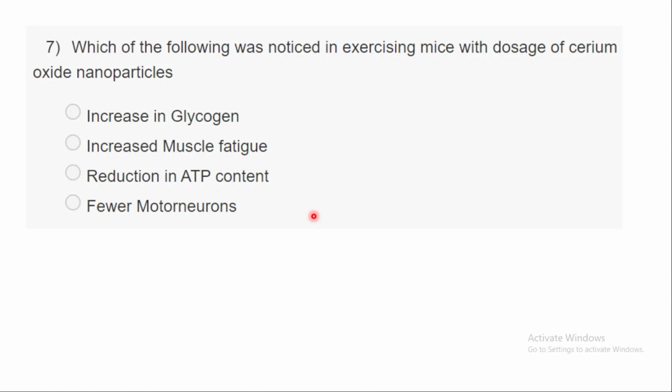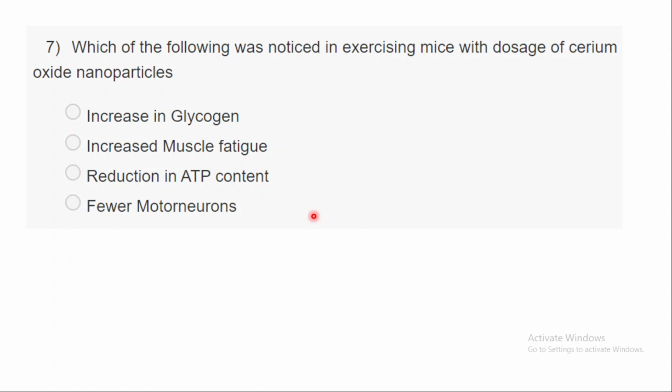Option A: increase in glycogen in the mice. Option B: increase in muscle fatigue. Option C: reduction in ATP content. Or option D: fewer motor neurons. This could be a difficult question, so I'll give you ample time to follow the question on the presentation.